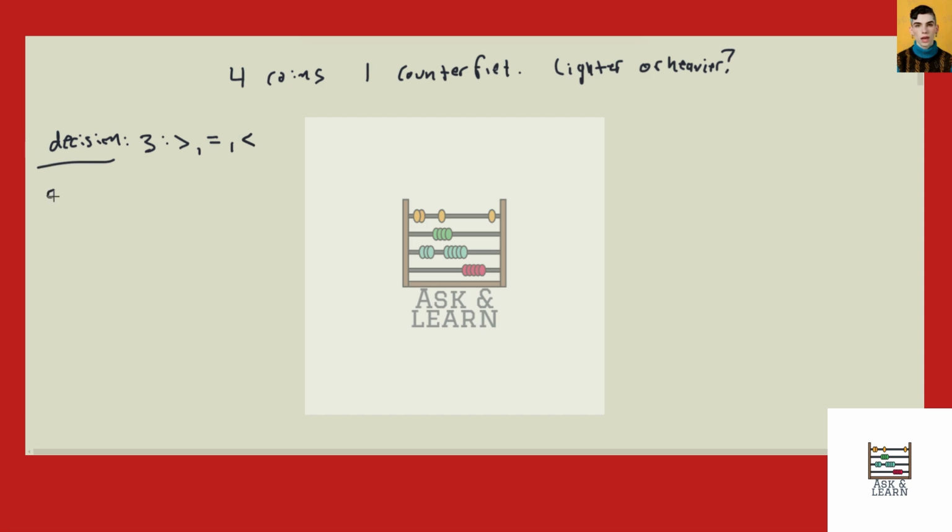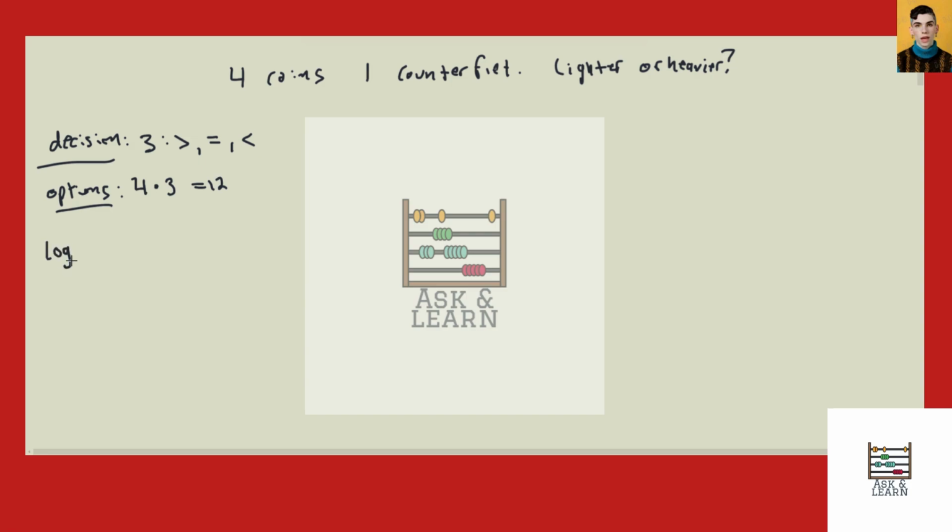Then the number of options for our final result of this fake, well, we can have where four of them are the fake, but then each of them can also have options of whether it is the lighter or the heavier. So this would give us 12 in total.